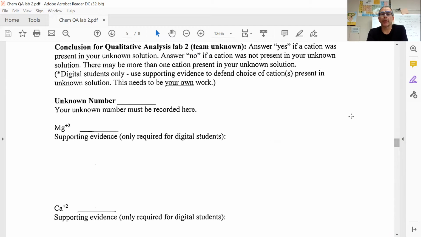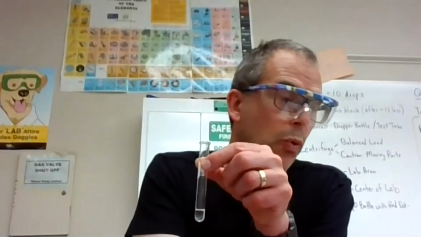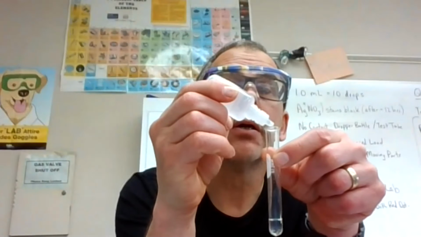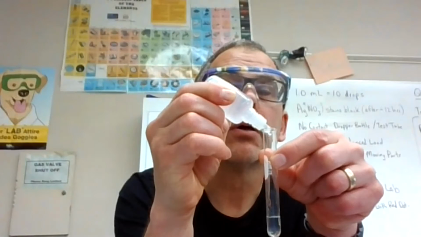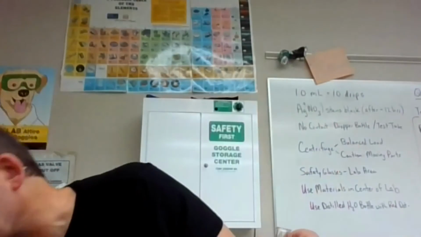I think I'm going to go right to the screen share and let you see the different things being added. I'm going to take my test tube. The first step, I'm going to add NH4OH. So I have my 10 drops, and I don't see anything, but that's the one that gets cloudy.